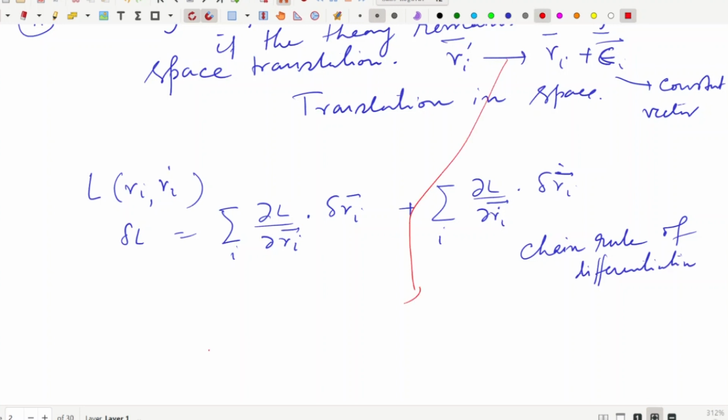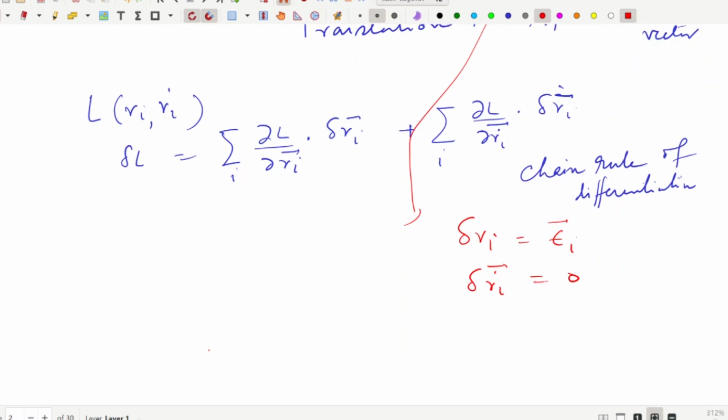Now, from this transformation, it is obvious that delta Ri is epsilon i and delta Ri dot is 0, because epsilon i is a constant vector, as I mentioned.